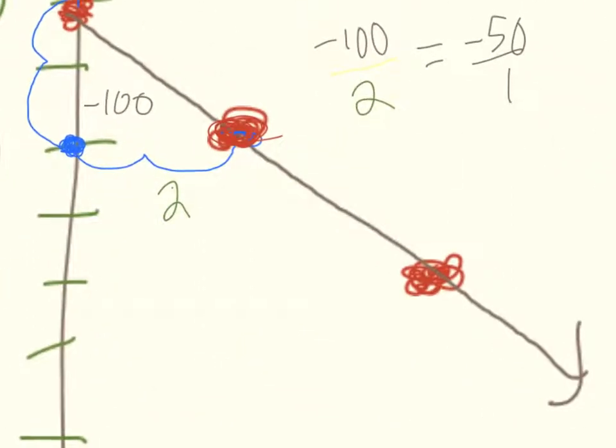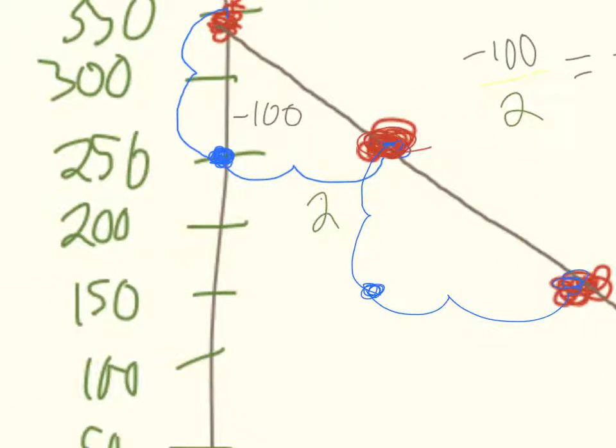And if you want to check between these 2 points, we could do the same type of thing. Let me get a different color here. If we were to go from here down to here, first we would determine the rate of change up and down. It goes down here, and then it goes right, 1, 2. When it goes from this point down to this point, it's losing 100 based on our graph.